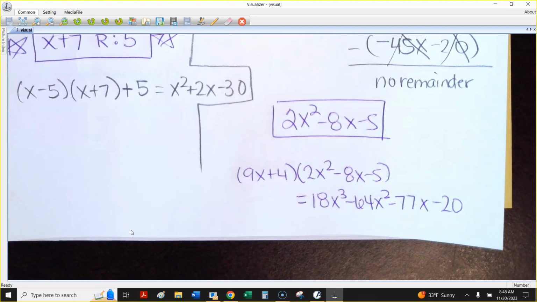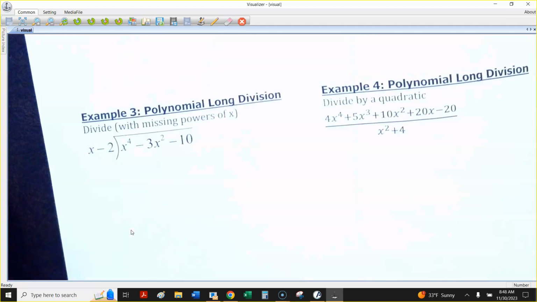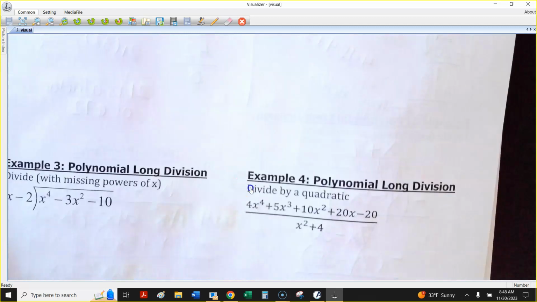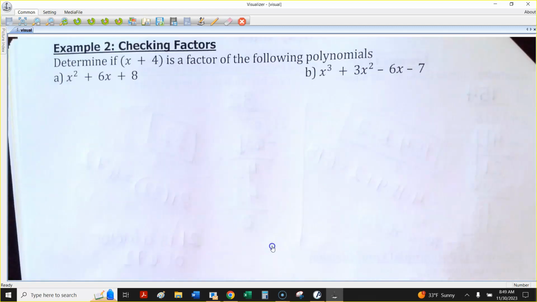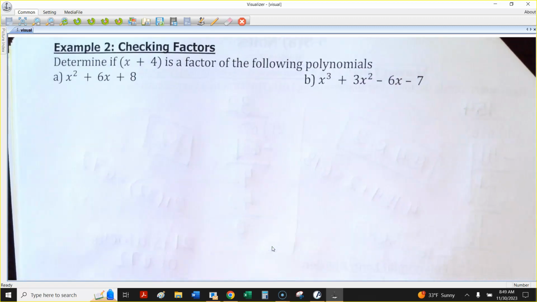Is anybody having a question? Okay. Now, if a question asks you if something is a factor, which is what you're going to see in these two here, right here at the top, we're just going to practice division again on these questions.